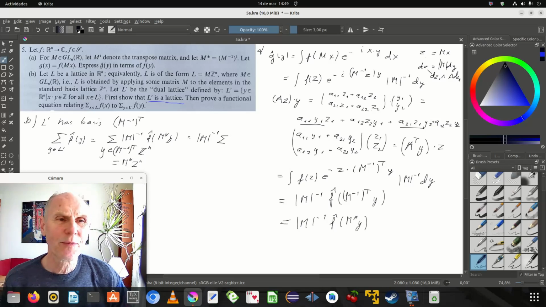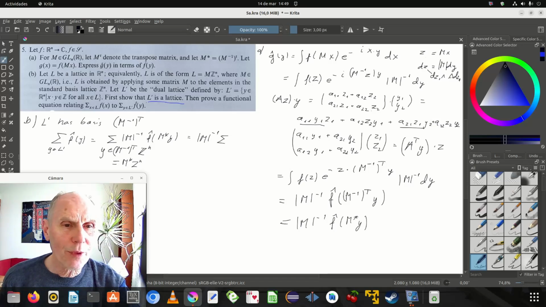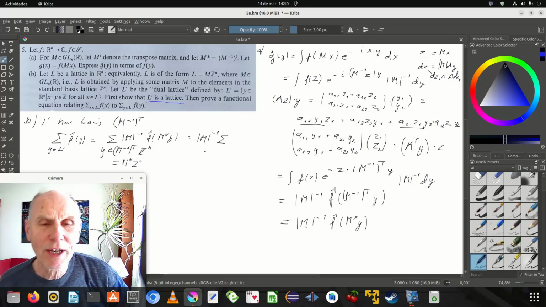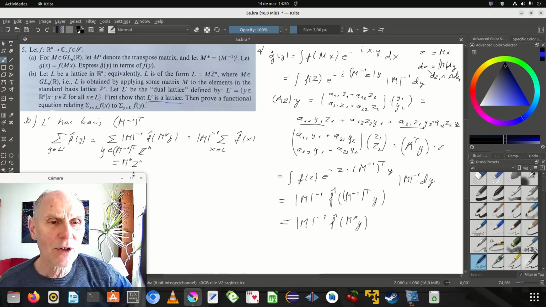There's a mistake here, because then I have to do it twice. What I thought we would get is simply some f hat, x element of L, but that's not the point.